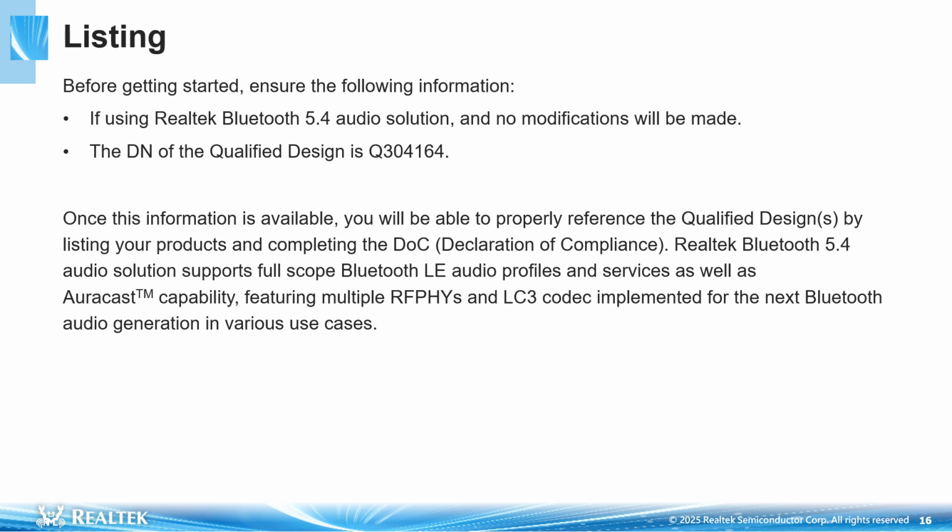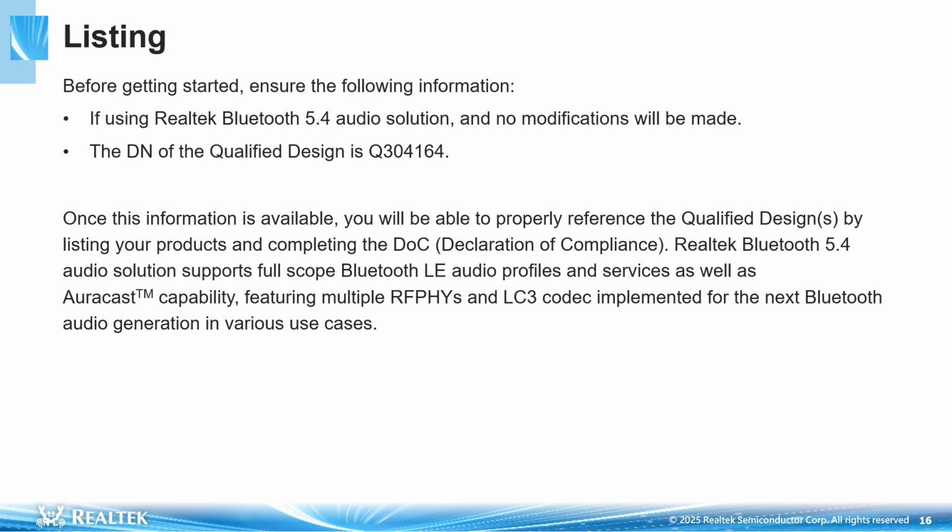1. Ensure that your product is based on the design associated with CDID Q304164. 2. Verify that no modifications have been made to the Bluetooth-related aspects of the design, e.g., RF circuitry, firmware, or Bluetooth profiles. Prepare required documentation.